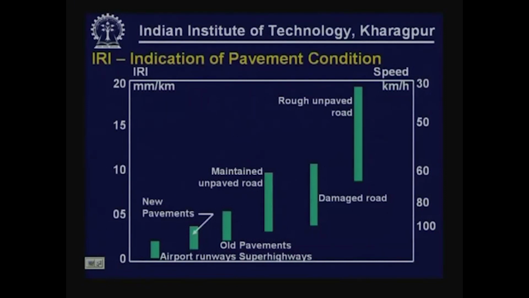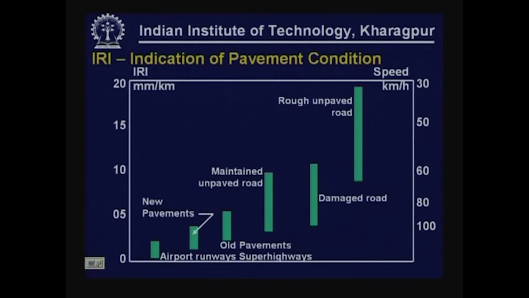Typically, IRI values would be in the range of 0 to 20. 20 would be for almost the worst kind of road. This picture here illustrates the typical ranges of IRI one can expect for different types of facilities. For example, for airport runways and superhighways, the IRI could be in the range of maybe 0 to 2, very good surface condition.